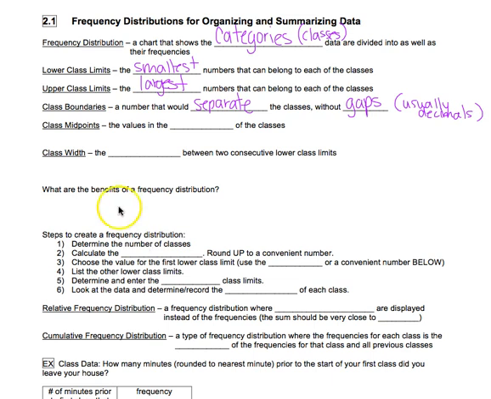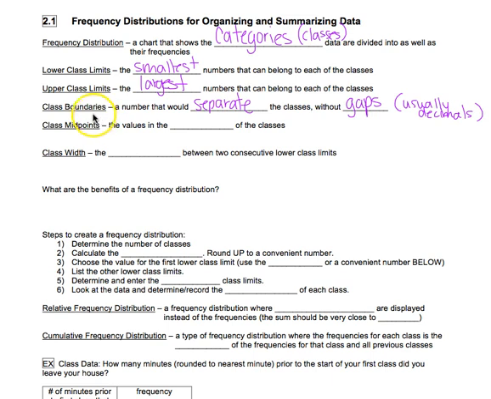If that's the case, then the class boundary would need to be a number that would separate 9, which is the upper class limit of the first class, and 10, which is the lower class limit of the second class. So in that case, we would probably choose 9.5. But it's possible that your class limits are decimals.